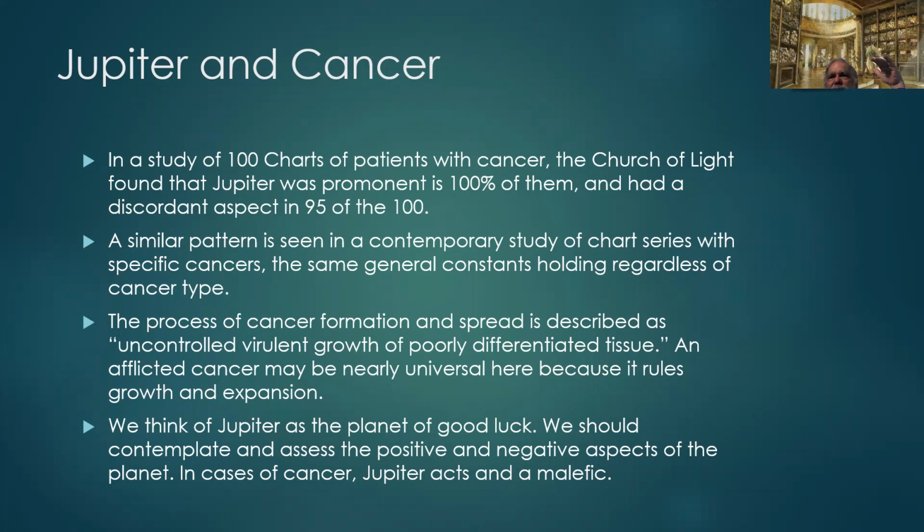I don't always get there, but 10 charts known with an AA rating for those conditions, and seeing if the constants that they found are there in all those charts, and generally they are, right? I have about 30 charts of various kinds of cancers, and those constants are consistent across all of them, right? With the occasional exception, where, for instance, there wasn't a discord in one of the planets.